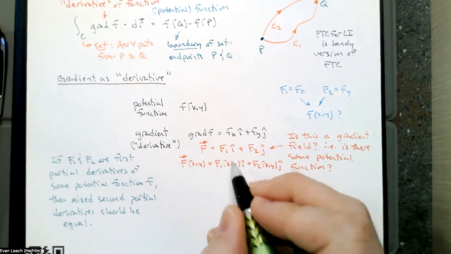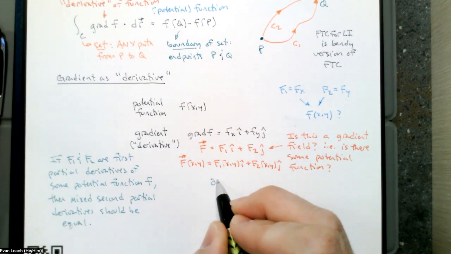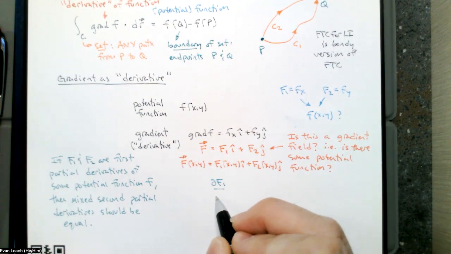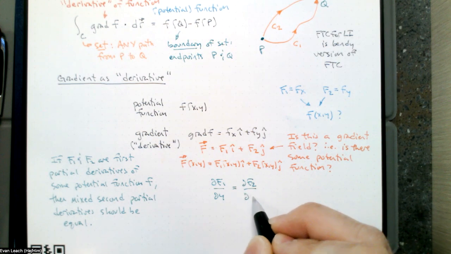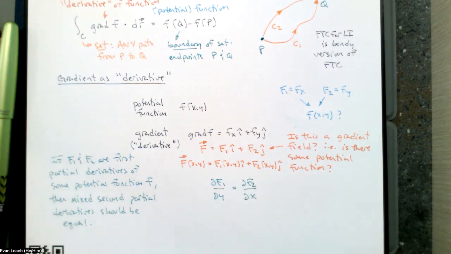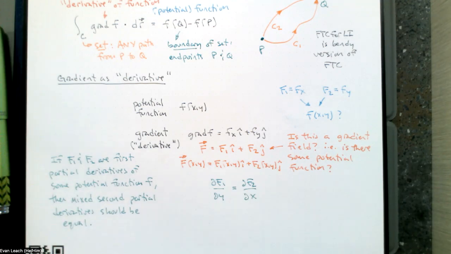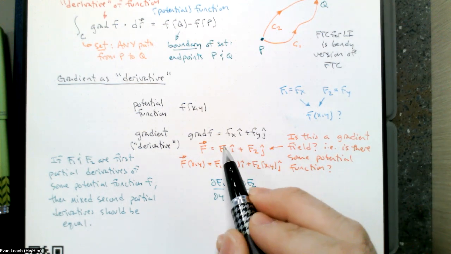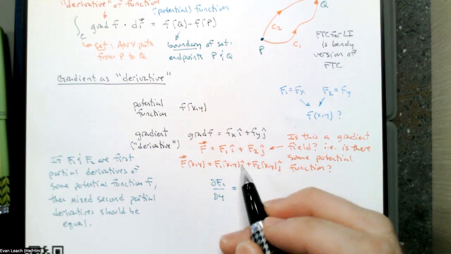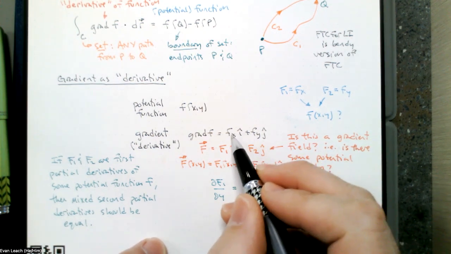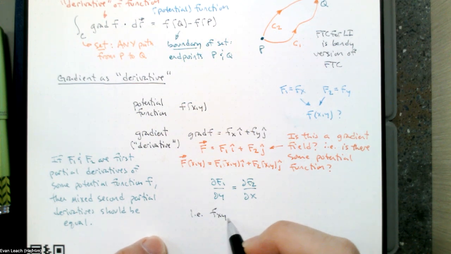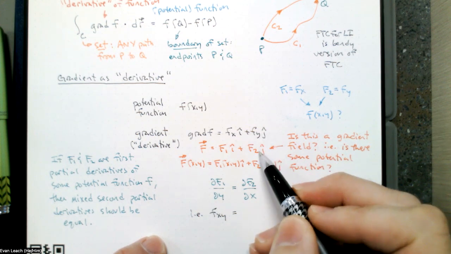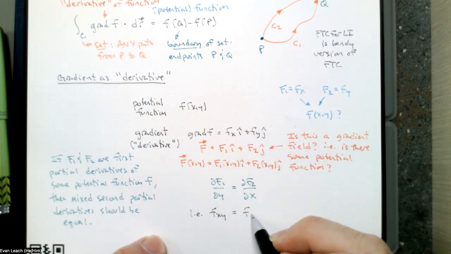So what we'll check is that the partial of f1 with respect to y is equal to the partial of f2 with respect to x. In terms of the gradient field, we're trying to verify if the partial of f1 with respect to y, which would be fxy, equals the partial of f2 with respect to x, which will be fyx.